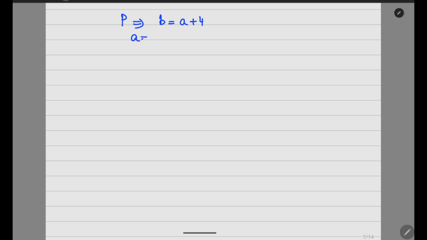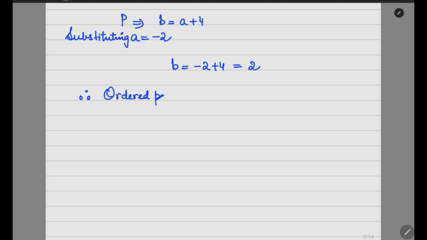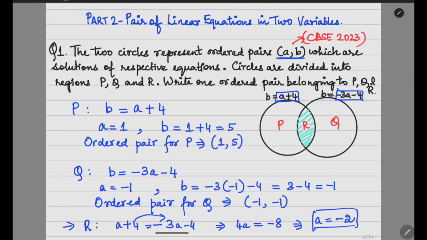So substituting a = -2, you get b = -2 + 4, which is 2. Therefore, the ordered pair for that point of intersection, for the region R, will be (a, b), that is (-2, 2). Hence, you have got the ordered pair for all of the three regions.